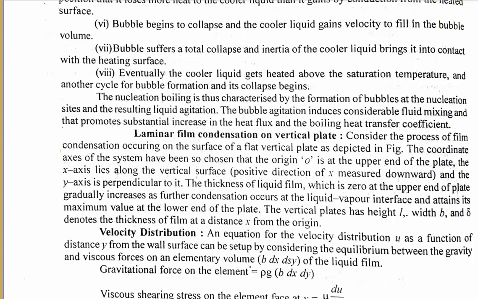The thickness of the liquid film, which is 0 at the upper end of the plate, gradually increases as further condensation occurs at the liquid-vapor interface and attains its maximum value at the lower end of the plate. The vertical plate has height L and width B, and delta shows the thickness of the film at a distance x from the origin.